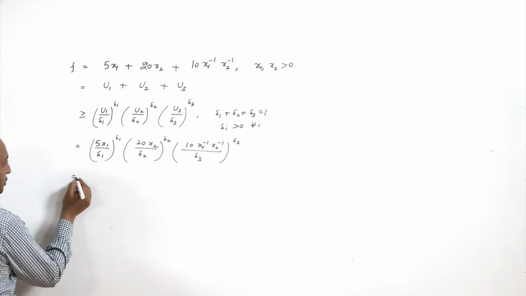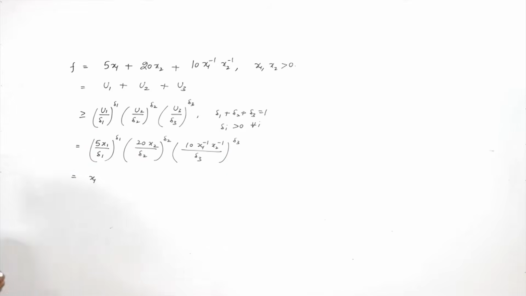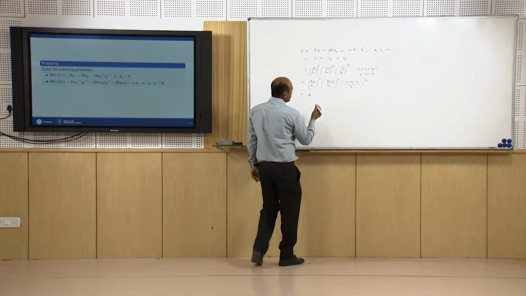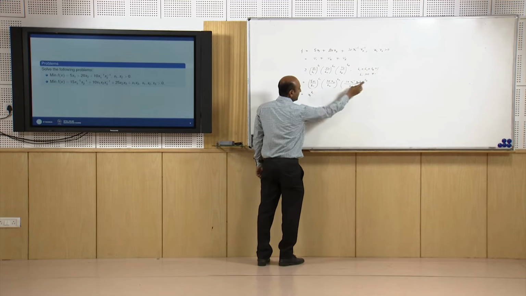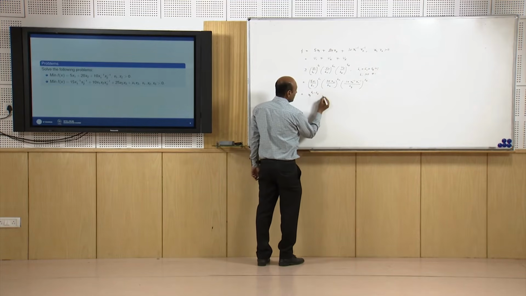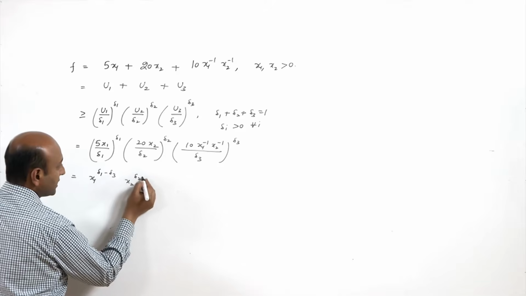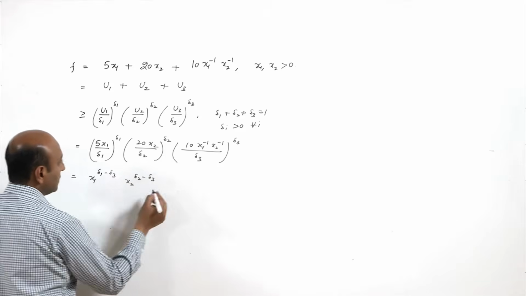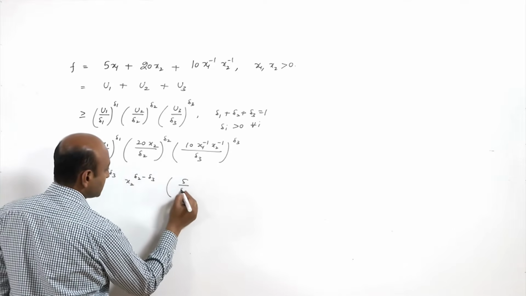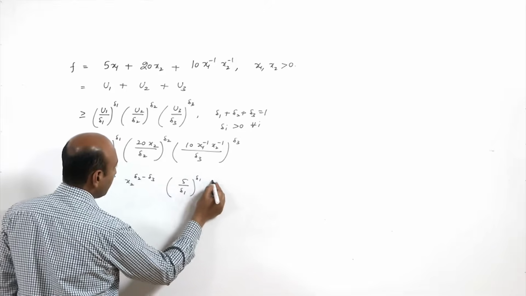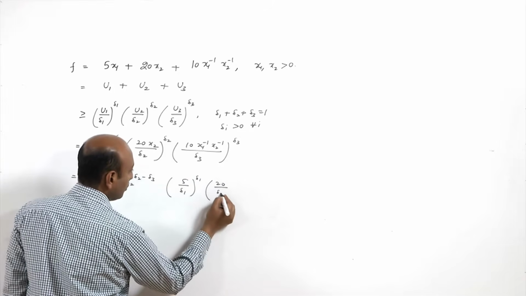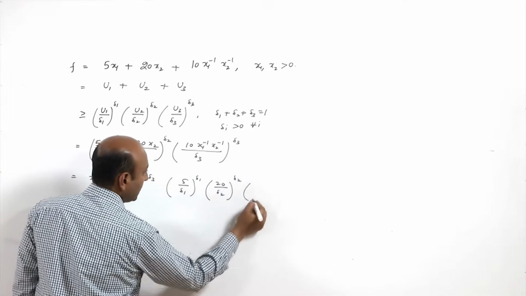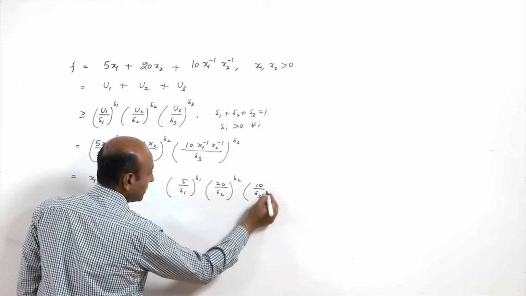It further equals, collecting the powers of x1 and x2, x1 raised to power delta 1 minus delta 3, x2 raised to power delta 2 minus delta 3, and the remaining terms are (5 upon delta 1) raised to power delta 1, (20 upon delta 2) raised to power delta 2 and (10 upon delta 3) raised to power delta 3.